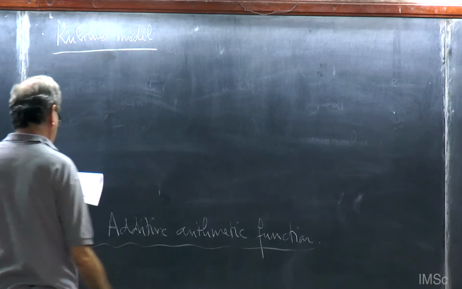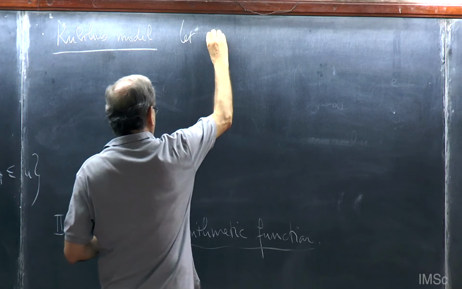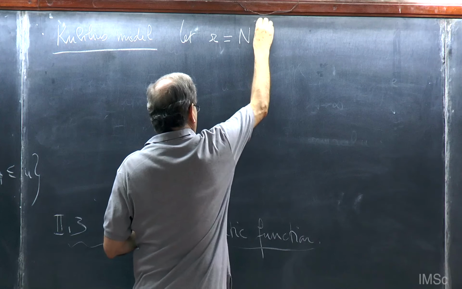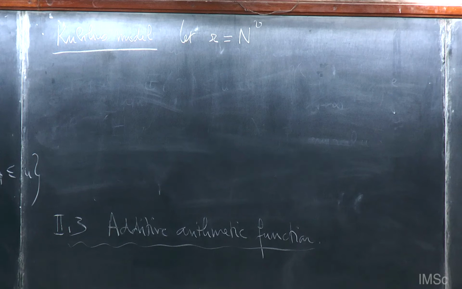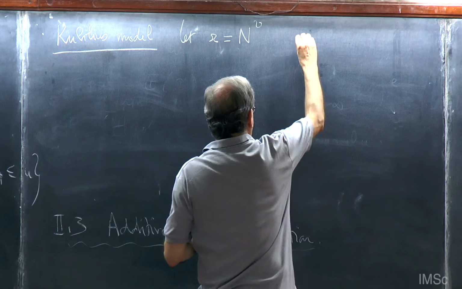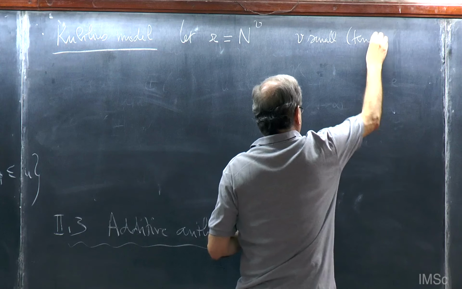The Kubilius model tells you the following. We are going to cut at a certain power of n, and the only interest of this power is that v is small, simply tending to 0.